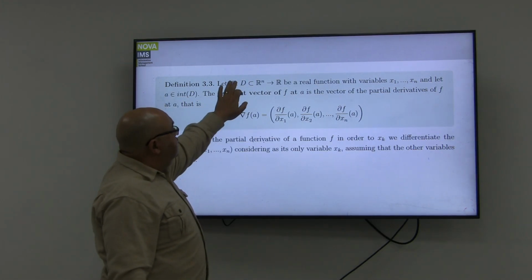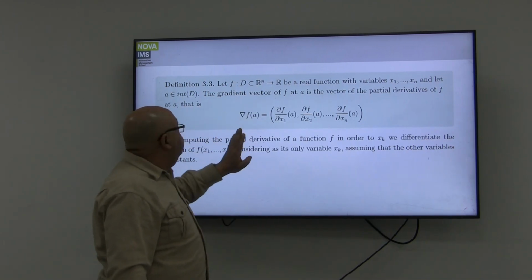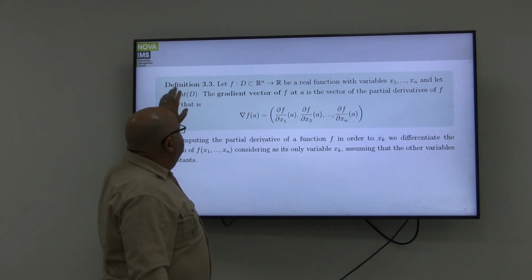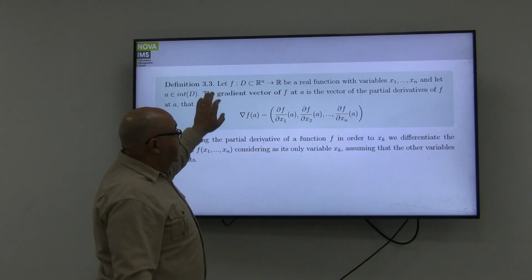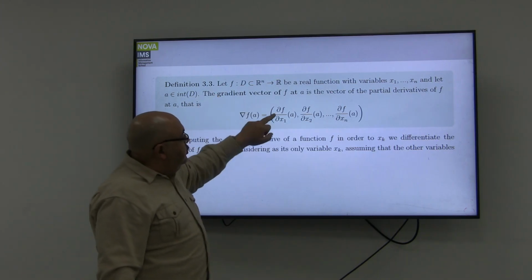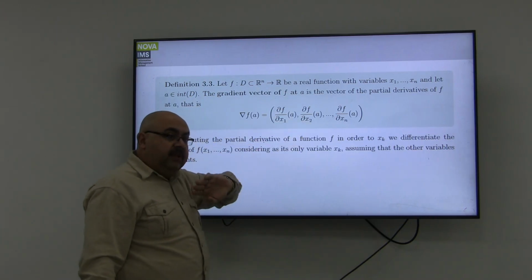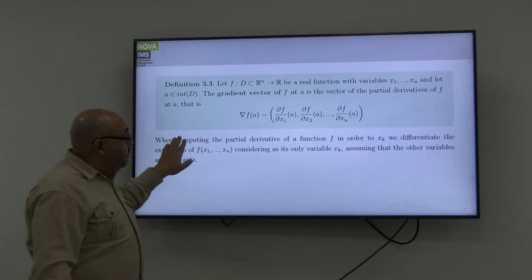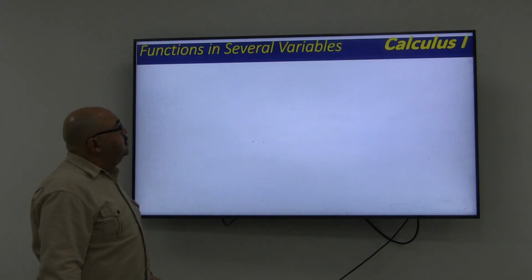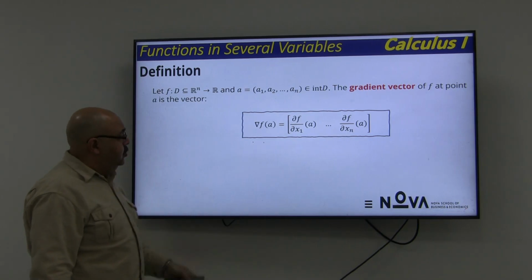Let f, with domain D a subset of Rn into R, be a real function with variables x1 up to xn, where a belongs to the interior of the domain. The gradient vector in this case will be differentiating f with respect to x1 at a, differentiating f with respect to x2 at a, and so on. That's the gradient vector. When computing the partial derivatives of a function, the application of the gradient vector is enormous. You can use it in plenty of ways. That's the definition of the gradient vector, as I told you.